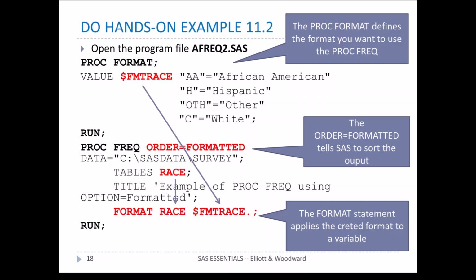The arrows there show you where things go. We created the FMT race format, and it goes in the format statement in PROC FREQ. The race, tables race, is the value that we're going to format using that FMT race format.